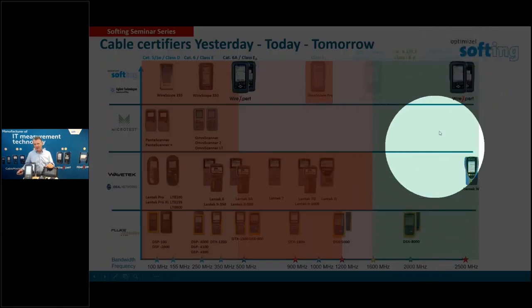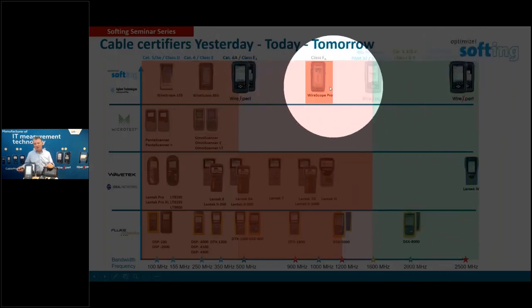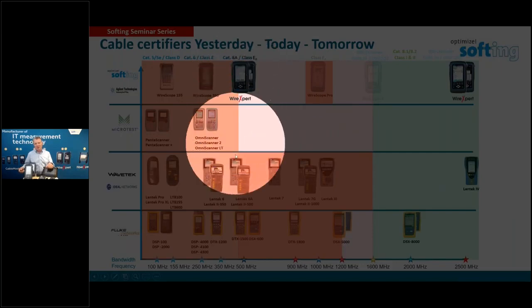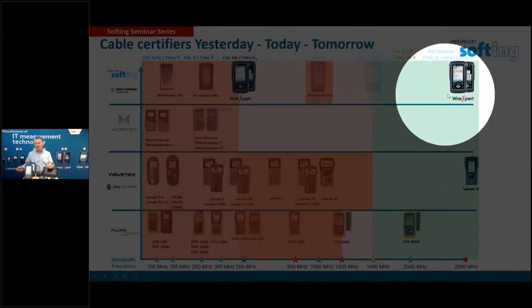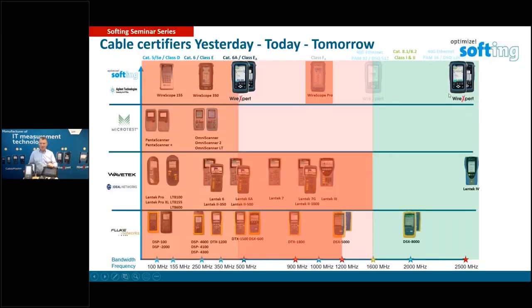The interesting thing here, and this is unique for Softing IT Networks, is you have a smaller version up to 500 megahertz, and you have the bigger version up to 2500 megahertz, but they look exactly similar. And the good message is, you can upgrade the small one to the bigger one. That's no problem for us.